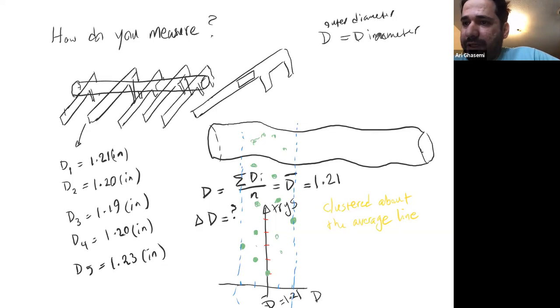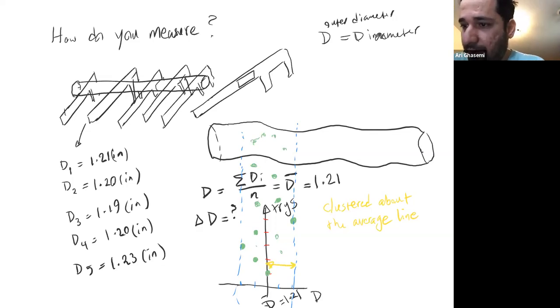So all the data, regardless of what pipe you measure, all of it would fit in this envelope, which we call clustered or collected about this center line. So if I want to find my error graphically, what should I do? Well, there are different approaches, but the way we can systematically introduce an error is to find this radius. You see that?